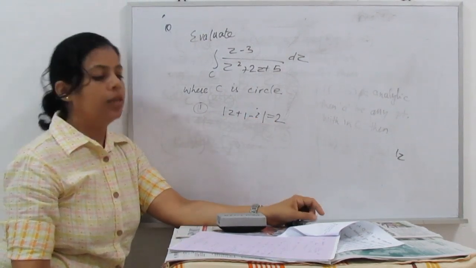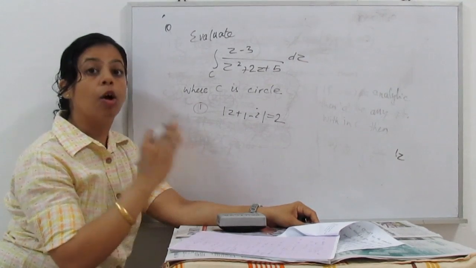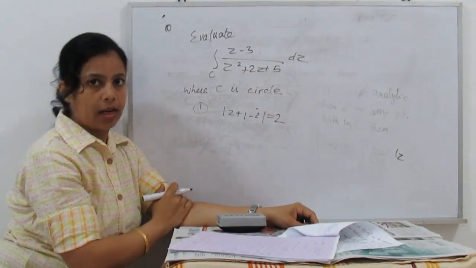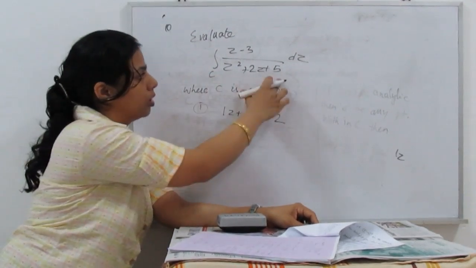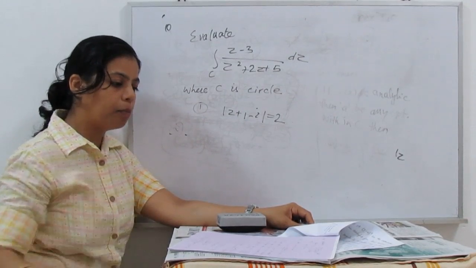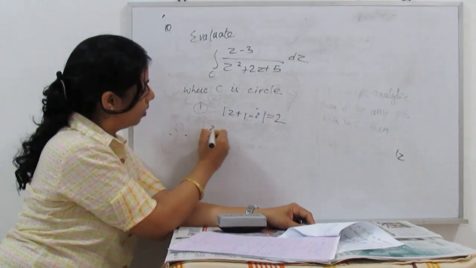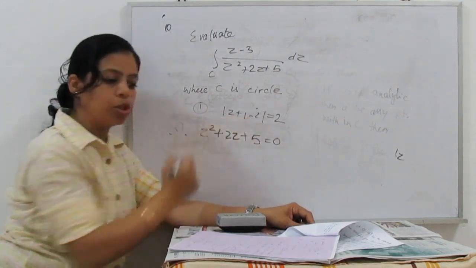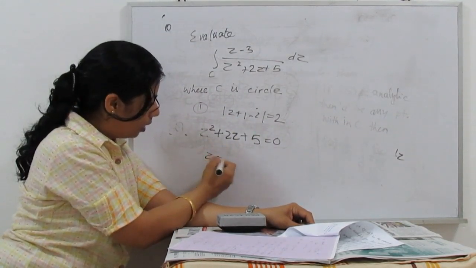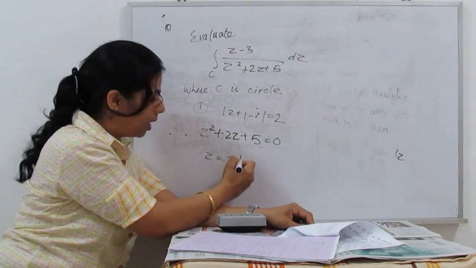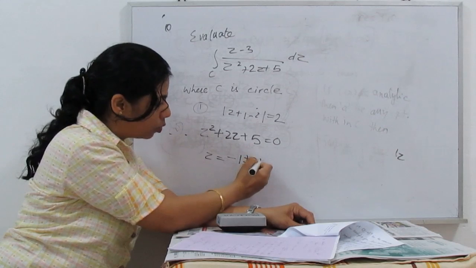So step 1: first we have to find all the poles of the given integrand. Using the denominator, we find the poles. For finding the poles, z square plus 2z plus 5 equal to 0. When we solve, its roots are coming minus 1 plus minus 2i.